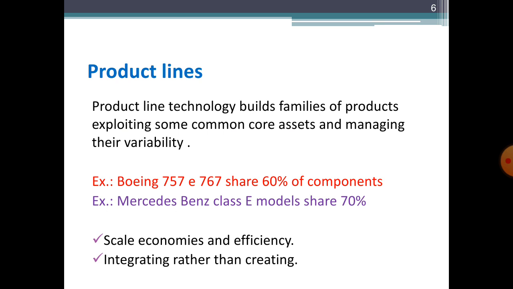These two big companies share most of their work from their product line. This huge amount of reusability helps to scale economies and efficiency, because they are focusing on integrating existing components rather than looking for new ones. So this is the major benefit of the product line approach.